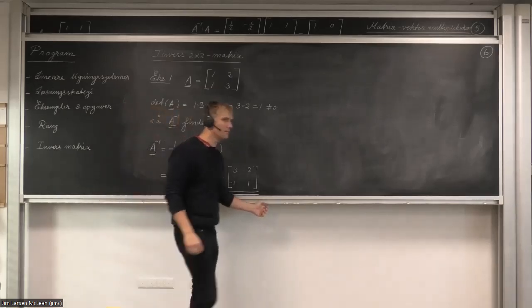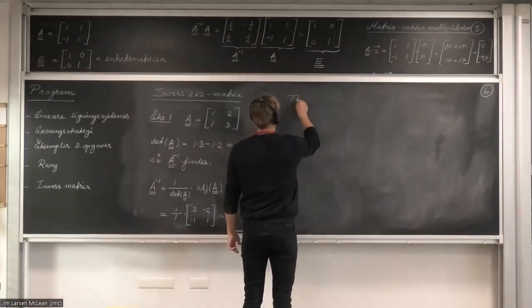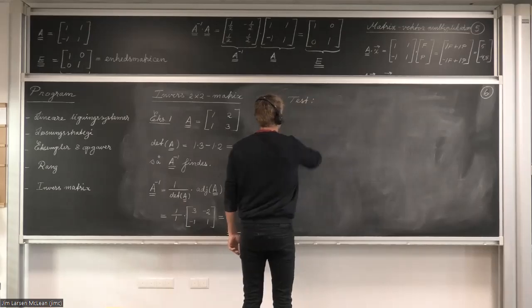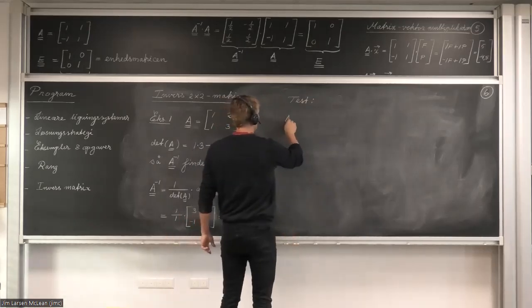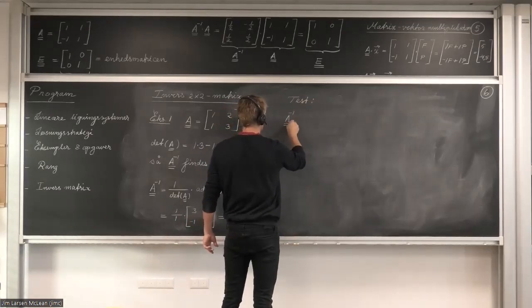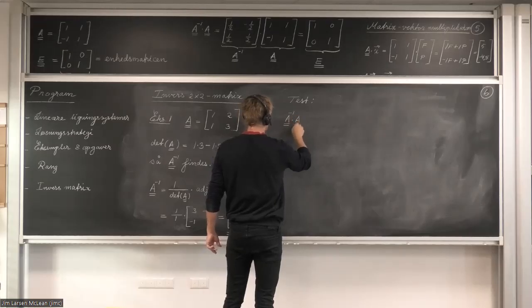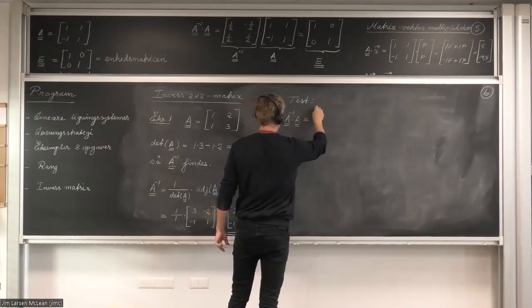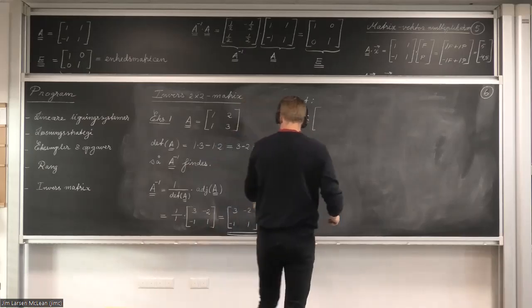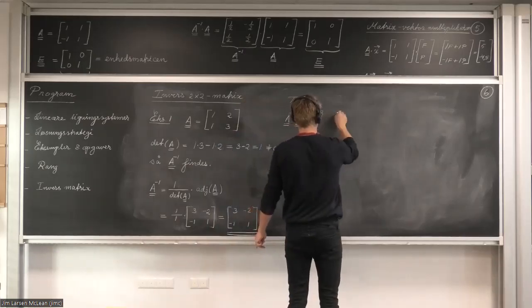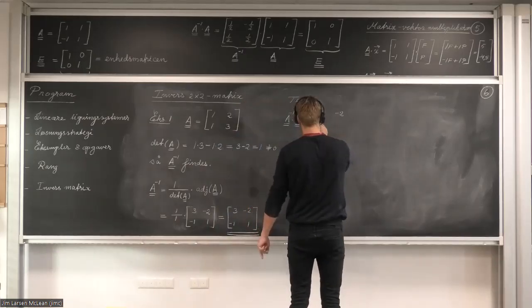Then we can test. Let's just test if we calculated it correctly. So I'll just calculate what A to the power of -1 gives. Well, first row is 3 and -2, second row is -1 and 1.